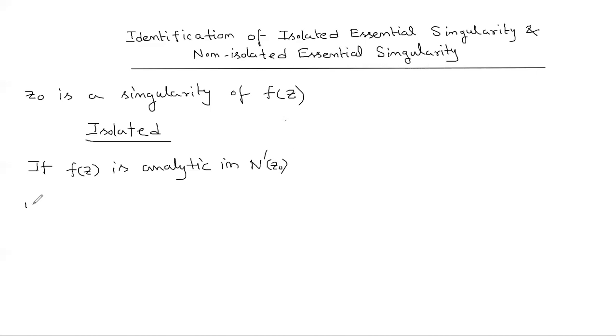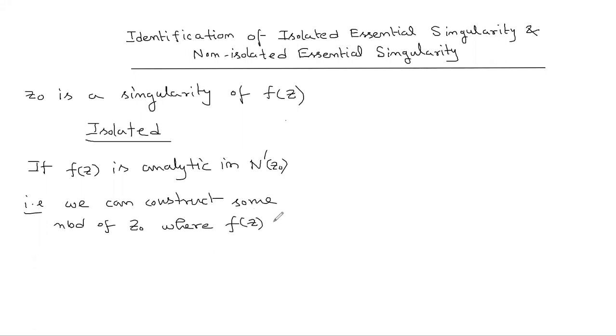That means we can construct some neighborhood of Z0 where fz is analytic at every point except Z0.